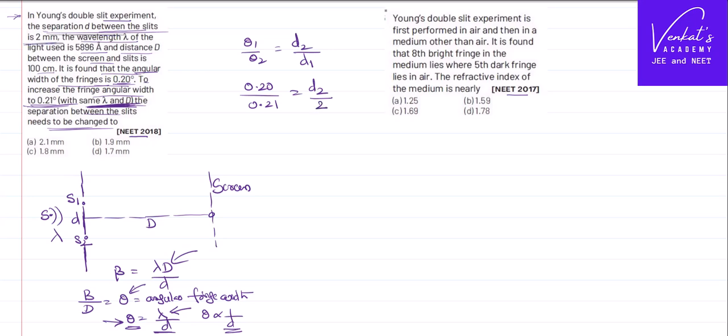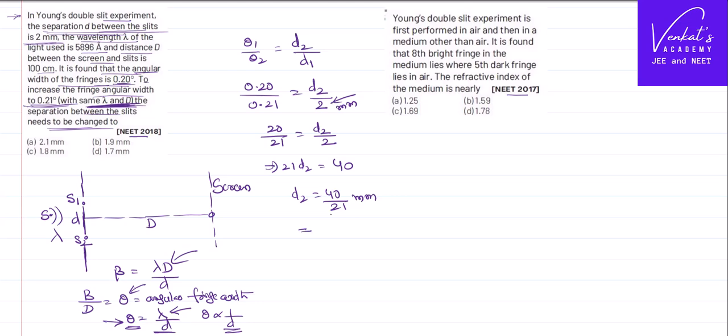So, 20 by 21 equals d2 by 2, that implies 21 d2 equals 20 into 2 is 40. d2 equals 40 by 21. As the given data is in millimeters, your answer also will be in millimeters.